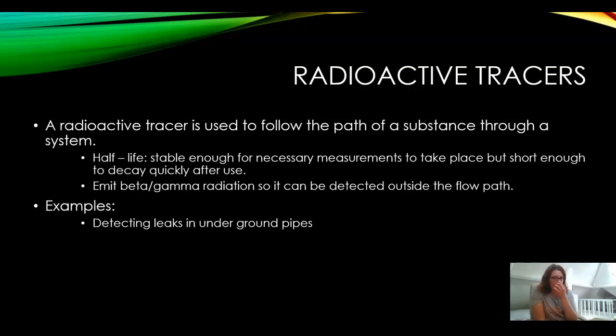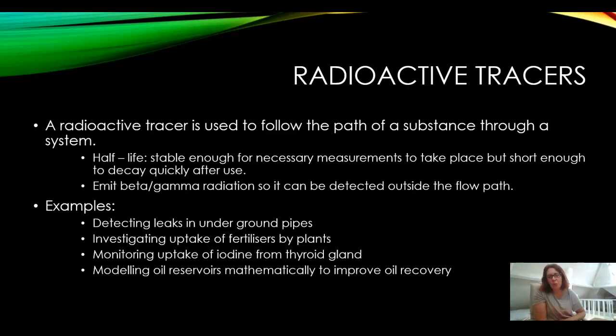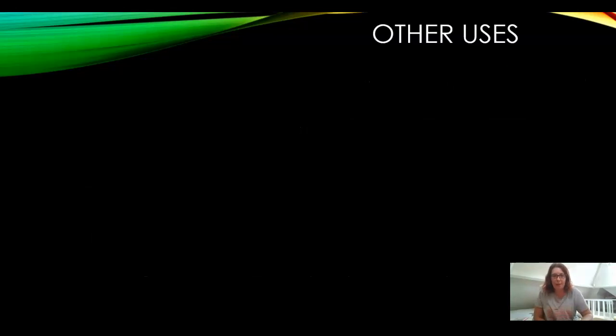You might use it to detect leaks in underground pipes, or you could investigate uptake of fertilizers by plants. You can monitor the uptake of iodine by the thyroid gland. So loads of uses of this. It's also really exciting. You can model oil reservoirs mathematically to improve oil recovery, which is actually what one of my ex-students does now.